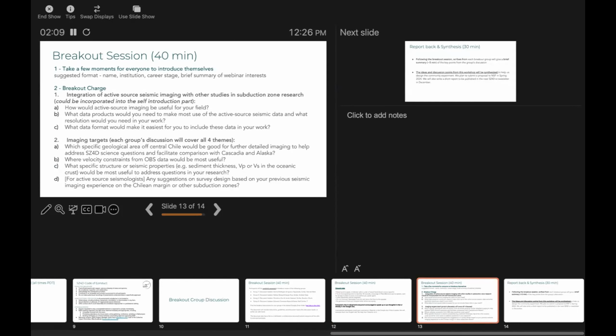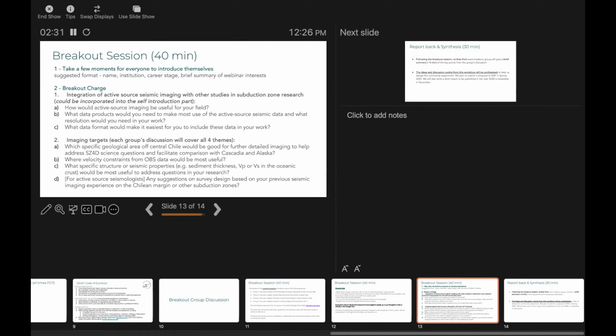Questions include: how would active source imaging be used for your research, what data products would you need, and what resolution would you need for your work? And also, if you want to use active source data, what data format would make it easiest for you to incorporate the data in your work?